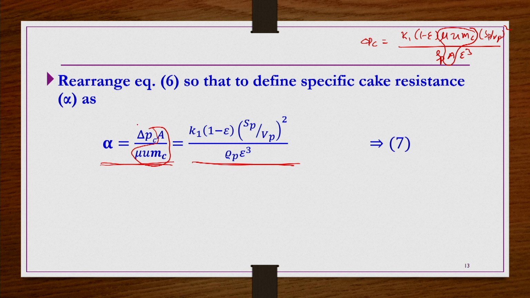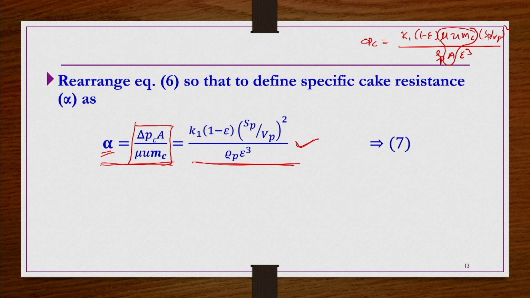This delta Pc A divided by mu u mc is nothing but the cake resistance in terms of the particle properties and voidage. If you want to write it, it is K1 (1 minus epsilon) (Sp by Vp) whole square divided by rho p epsilon cube.